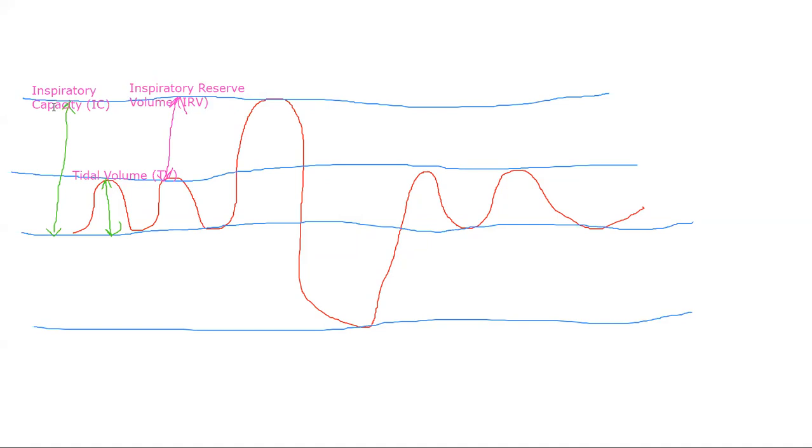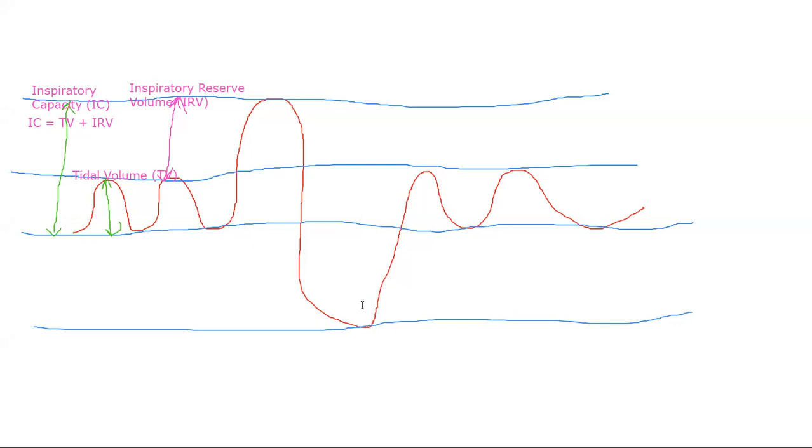So inspiratory capacity, say inspiratory capacity is tidal volume plus inspiratory reserve volume. You see how that works? Inspiratory capacity is a combination of the tidal volume and the inspiratory reserve volume. Okay, everybody okay with that? Raise your hand if you're not.